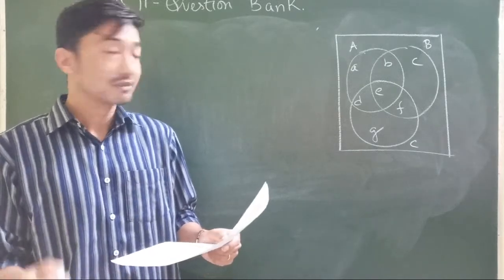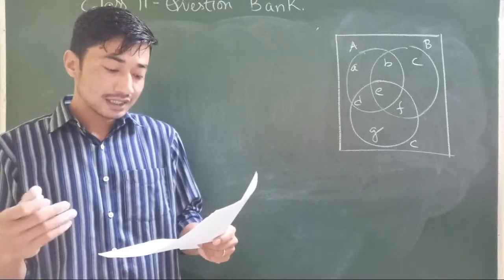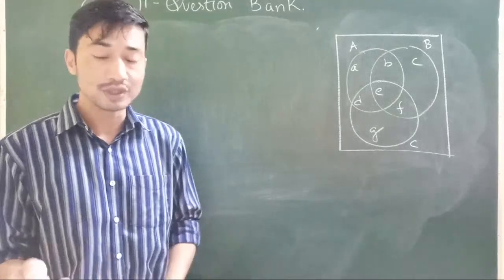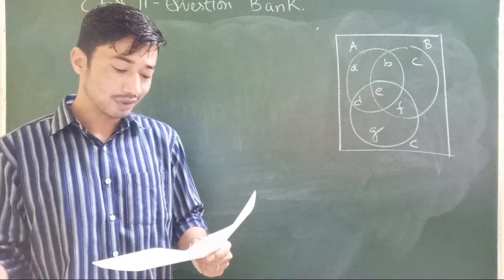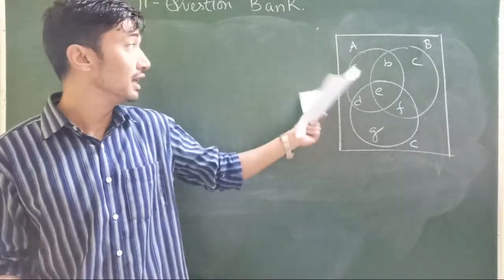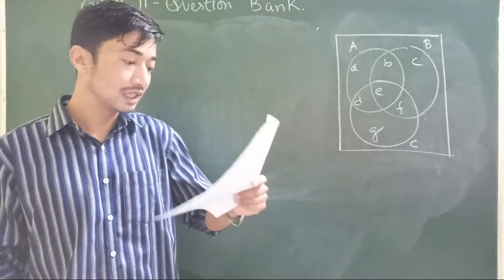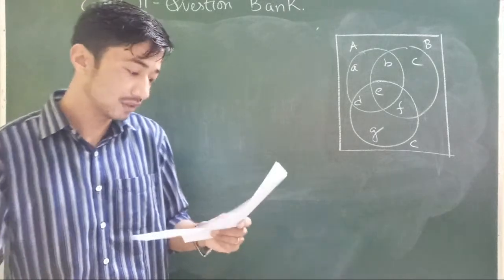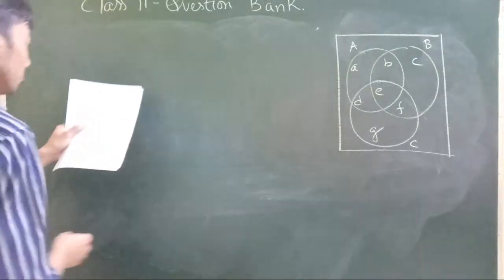And A, B, C, D, E, F and G denote the elements in the bounded regions. Alright, let's get straight to the point. 21 people like product A.